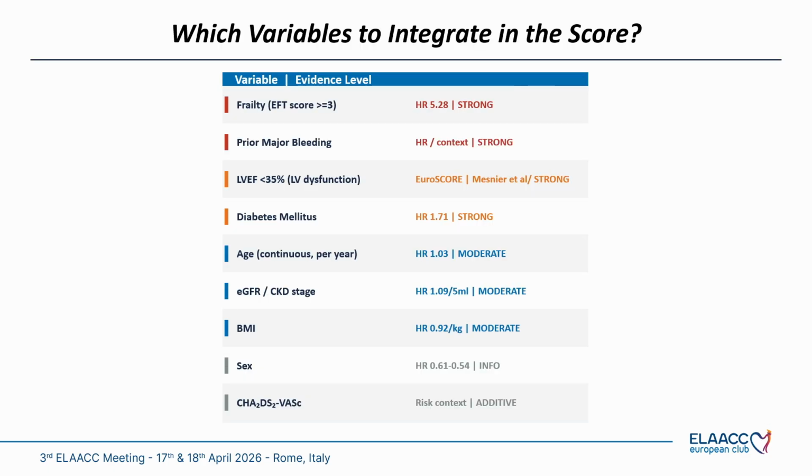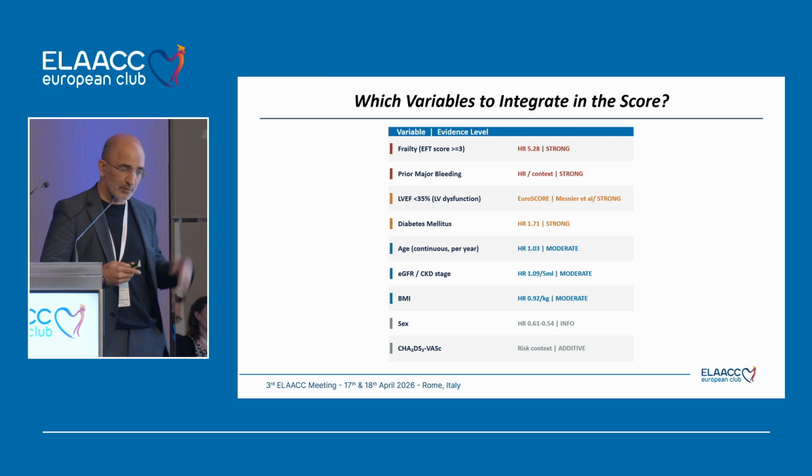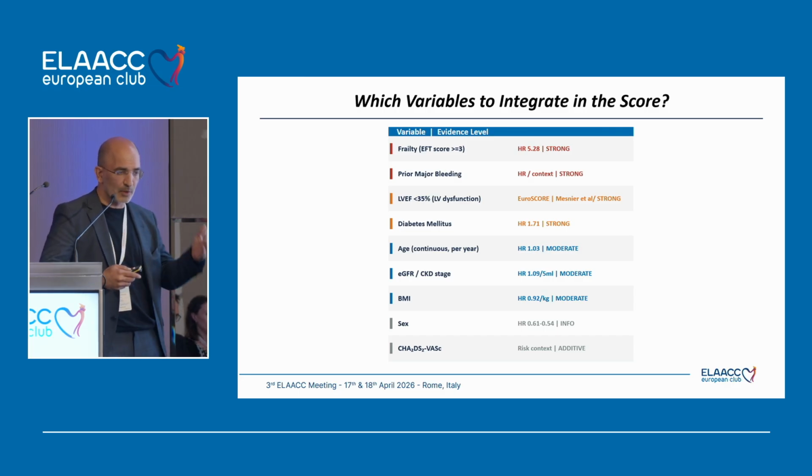So very quickly, what variables can we integrate into the score? I've shown you the frailty score; an EFT of more than 3 is a strong predictor in the multi-center registry. The history of major bleeding could also be a strong predictor, as well as LV dysfunction, diabetes, and some other parameters.